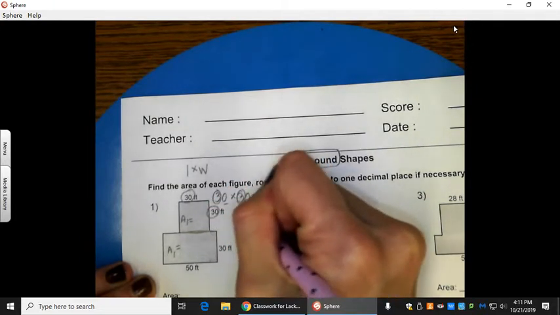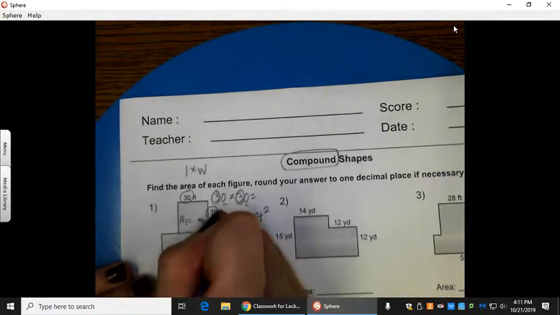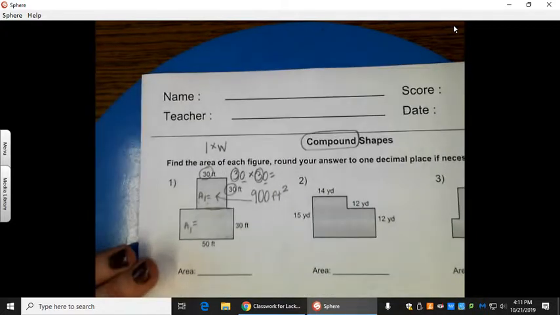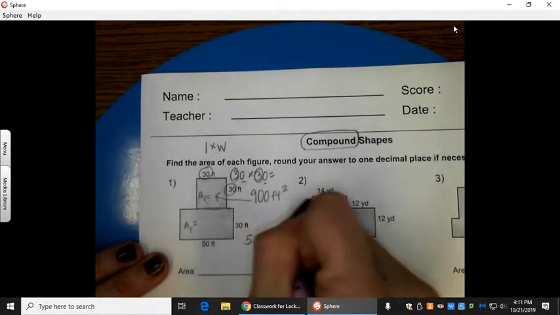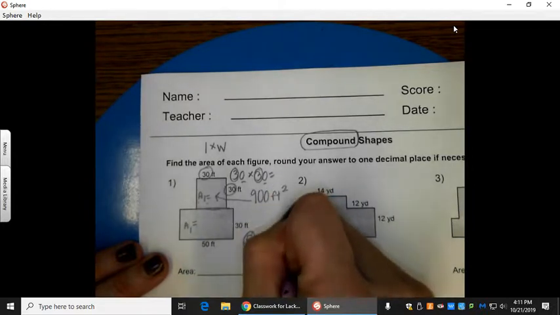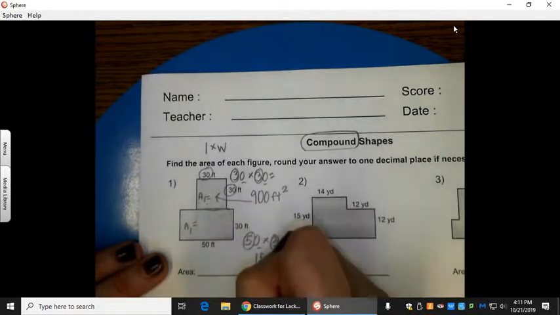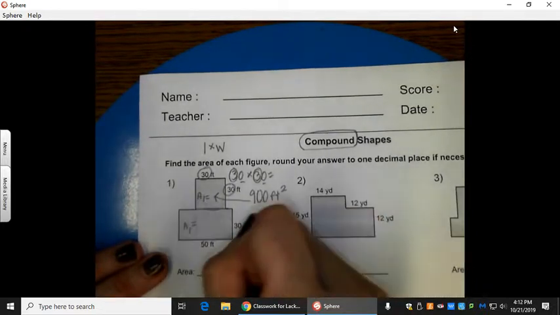So this is 900 feet, and recalling that area is squared. Now that is just the area for box 1. So now box 2, 50 times 30. So length times width, 5 times 3 is 15 with 2 zeros. Okay, so we've got 1,500, remembering the area is squared. In this case it's feet.